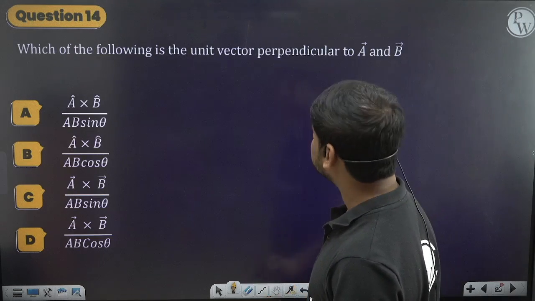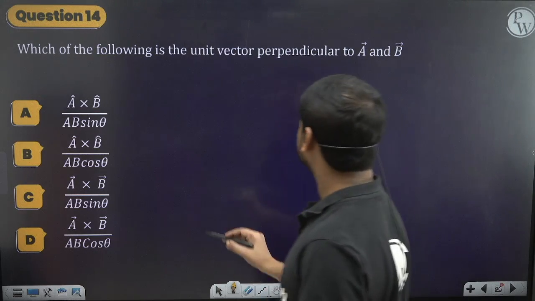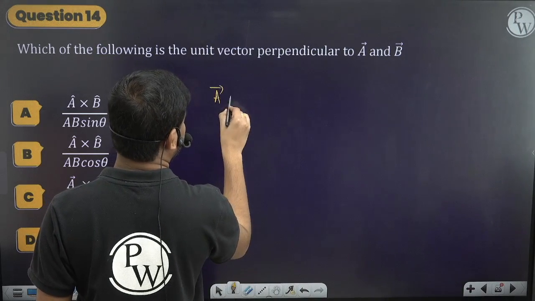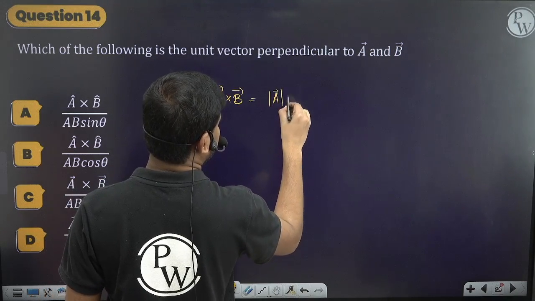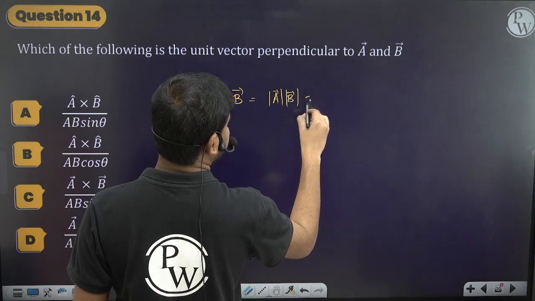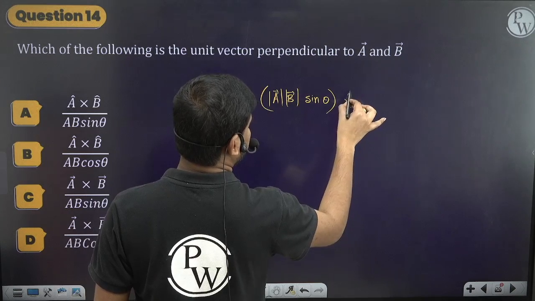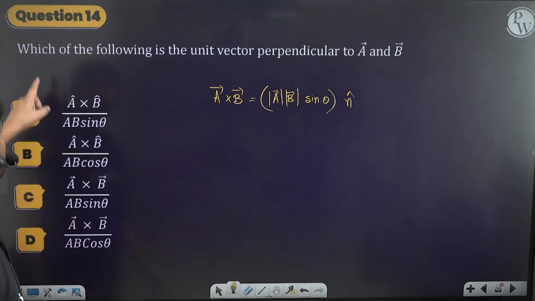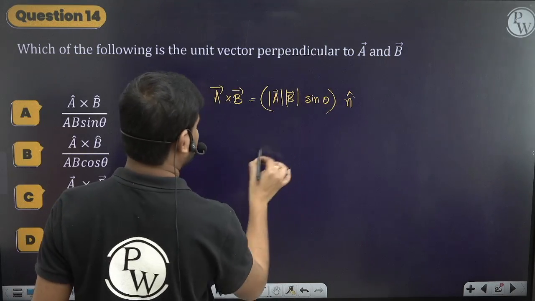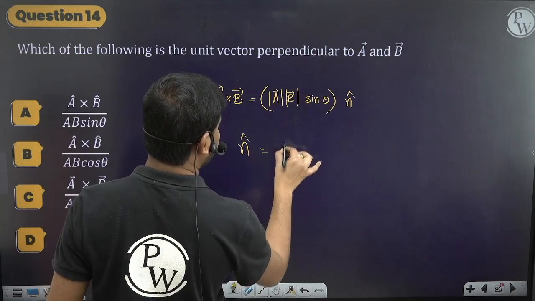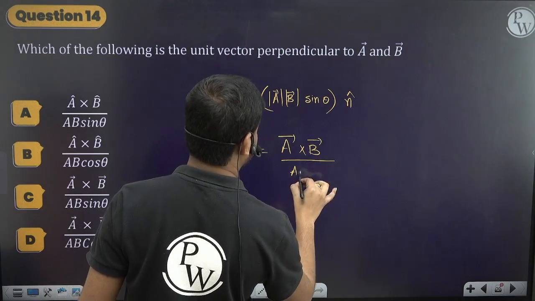So next, what's the next question? Which of the following is a unit vector perpendicular to A and B? Let's write the vector A cross B. It is the magnitude of vector A into magnitude of vector B into sine of the angle between them. This is the magnitude and the direction is given by a unit vector. So the unit vector perpendicular to A and B will obviously be A cross B by AB sin theta.